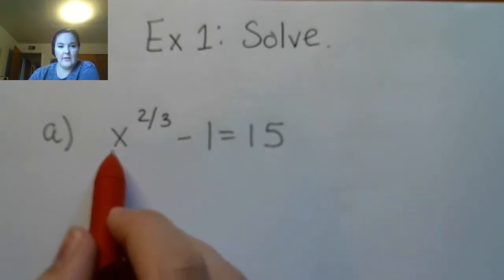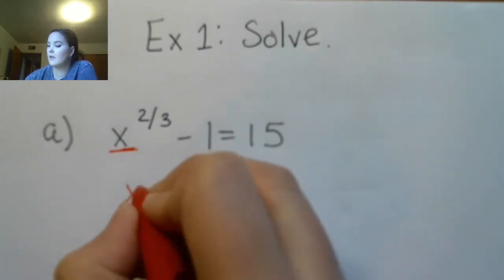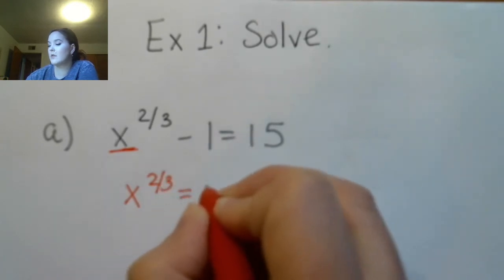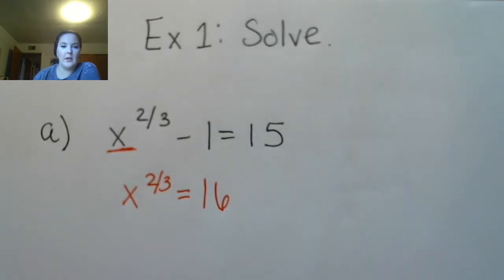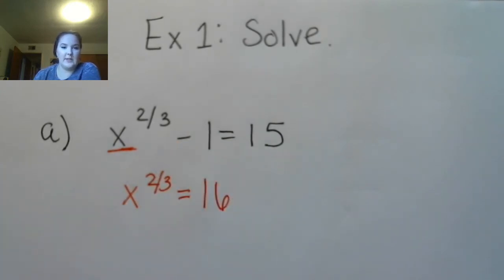So here we have the part that we're talking about. What we need to do to isolate this is add 1 to both sides. Add 1 to this side, that gets rid of the -1. Add 1 to this side, you get 16.